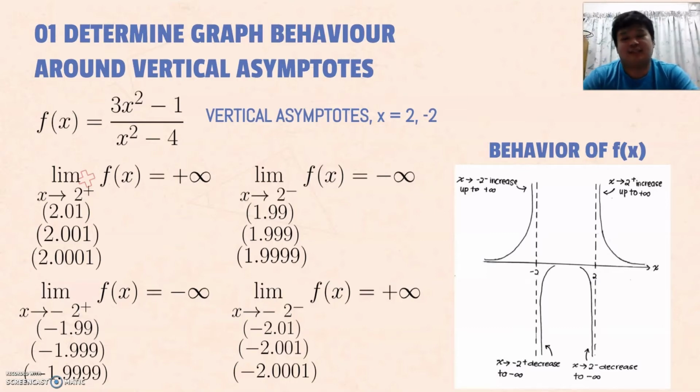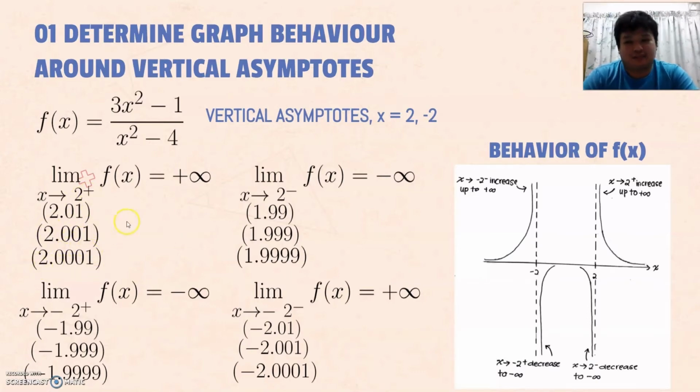So now the first thing we need to use is a limit. We take the limit as x approaches +2 from the right hand side, which is 2.01, 2.001, and 2.0001.